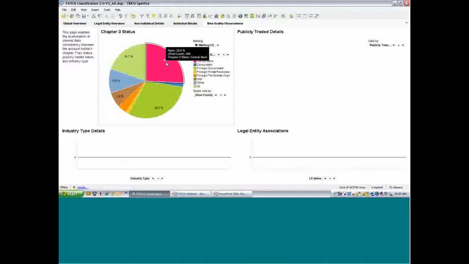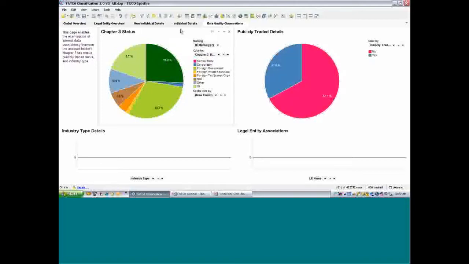This large group right here is the group of central banks. So 28% of this population, and this is a smaller population, it's not the whole 400,000, has a central bank as a Chapter 3 status. So we'd expect them to be a central bank, and we'd expect them to be non-publicly traded.